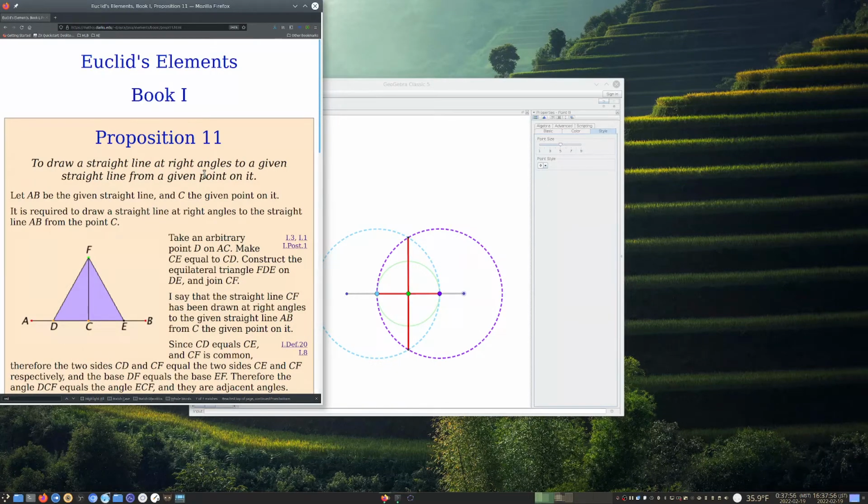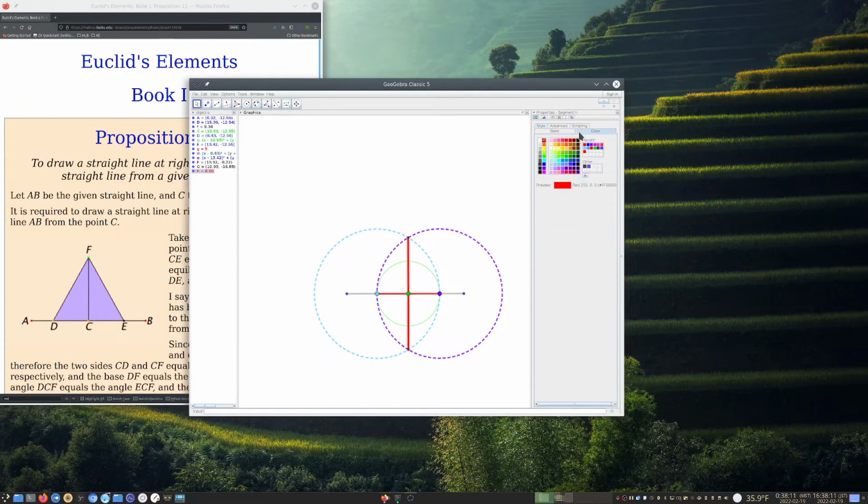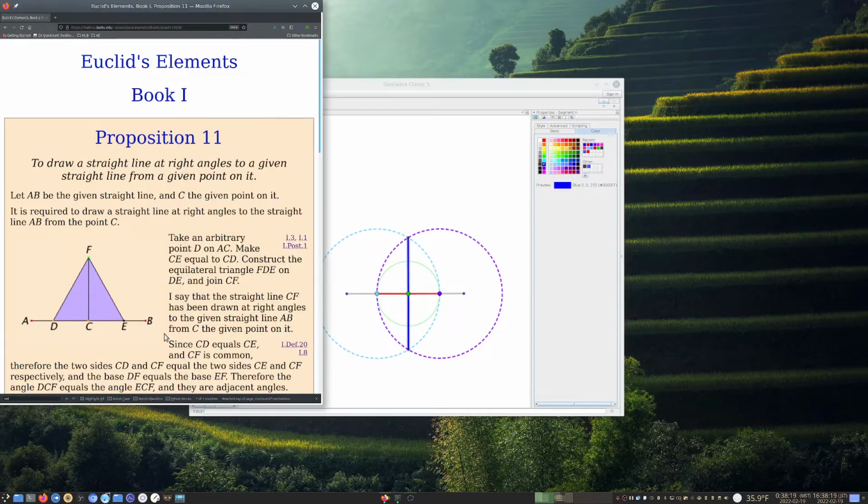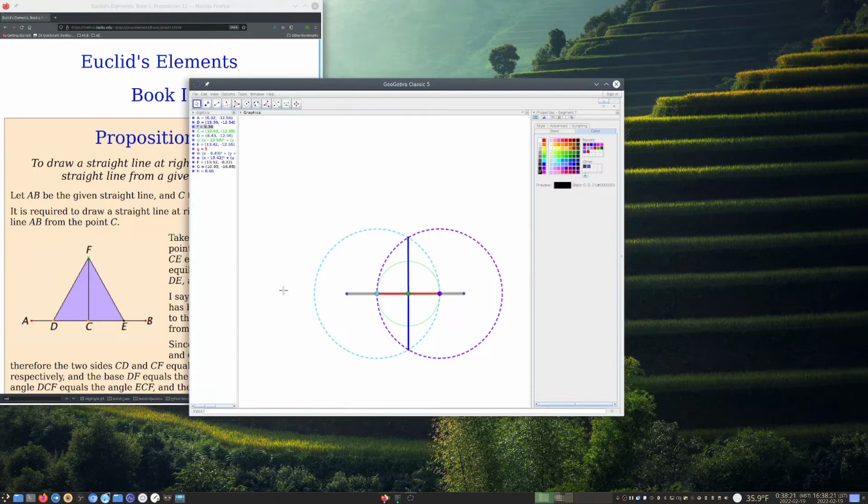Okay, let AB be the given straight line, C the given point on it. So AB, our two little endpoints, and then our green point right here. It is required to draw, let me give this a different color, a blue line that is perpendicular to the gray line. And do we need this green circle at all?